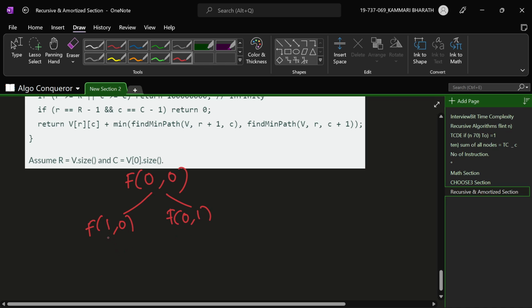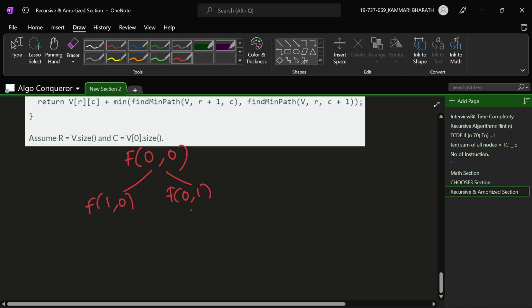In this case r is incrementing by 1, and in this case c is incrementing by 1. And this will call again f of 1 comma 1, f of 0 comma 2, and this will call f of 2 comma 0, f of 1 comma 1, and this goes on like this. So let's visualize this problem.